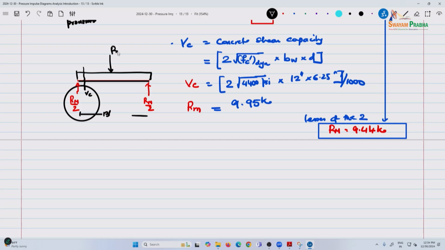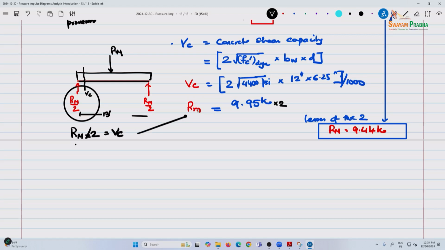The actual Rm is multiplied by 2. So Rm by 2 is equal to Vc. Therefore the shear capacity is actually 9.95 multiplied by 2, 19.9 kips. So the flexure capacity is anyway half.